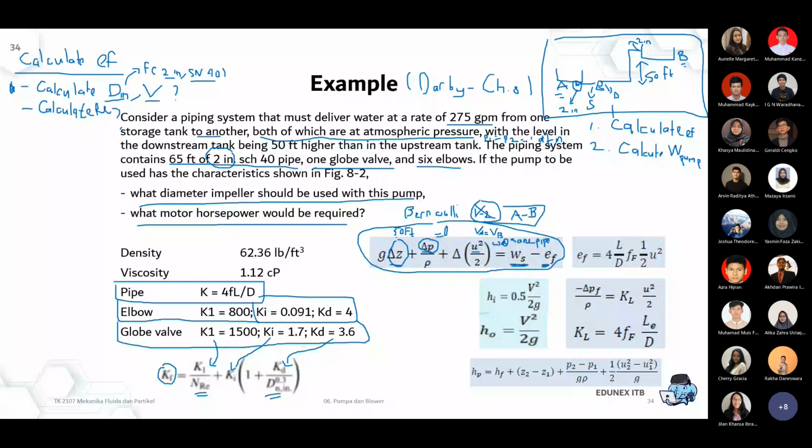Then you need to know the velocity. If you want to calculate everything here in British units, then how can you find the feet per second or the meter per second?